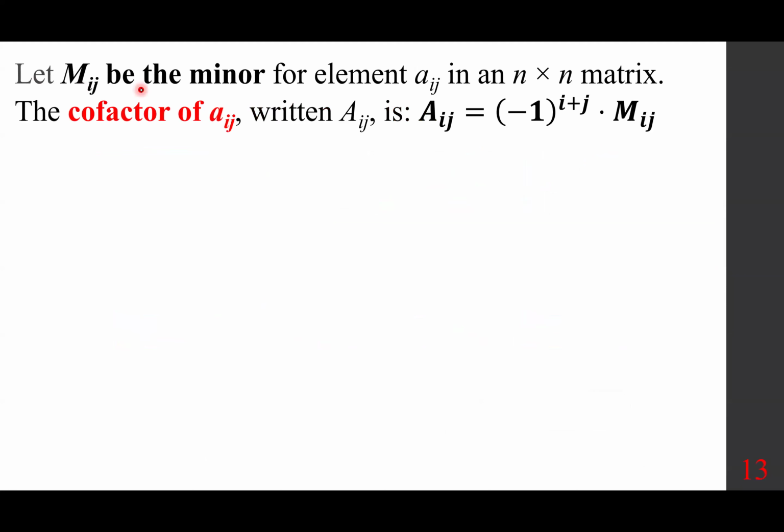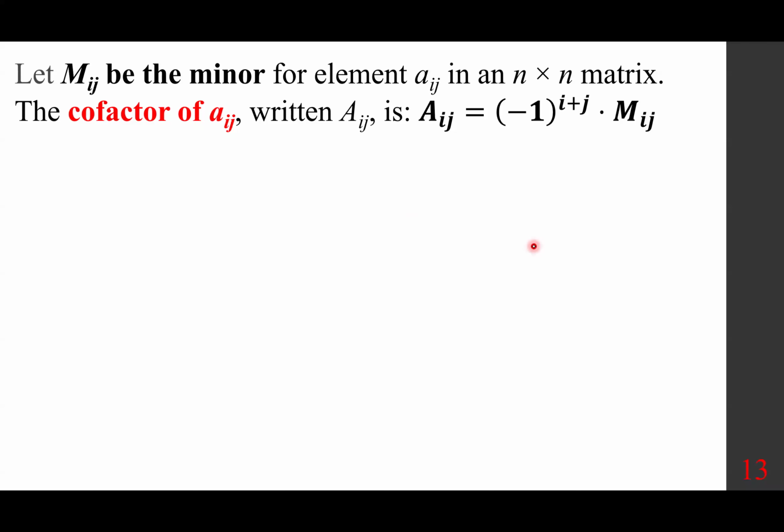So let Mij be the minor for element Aij of an n by n matrix. The cofactor of Aij, written as capital Aij, is the same thing, but times the sign. And how do we obtain the sign? Remember, if you start from the very first one, then you alternate.